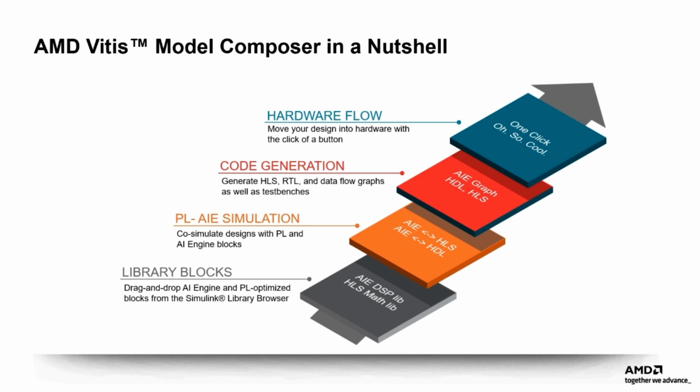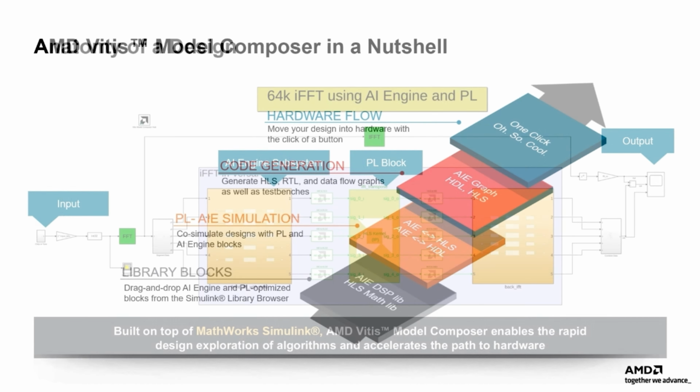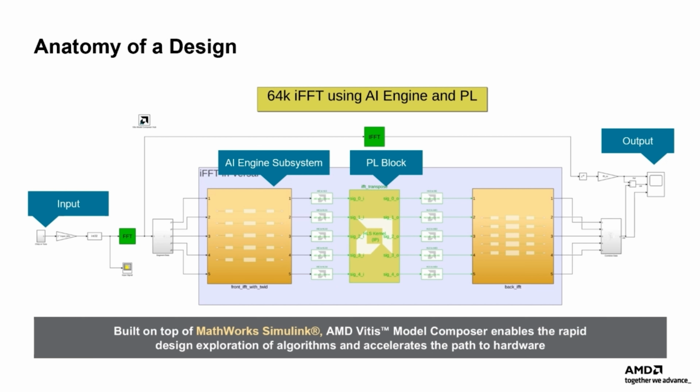It provides code generation capabilities where you can generate HLS code from HLS library blocks, RTL, such as VHDL or Verilog, from HDL blocks, or adaptive data flow graphs from AI engines, allowing you to accelerate your development. On top of everything, it automates moving your design into hardware so that you can easily validate that the design works. Before we delve into the details, we'll start by showing you a typical Model Composer design.